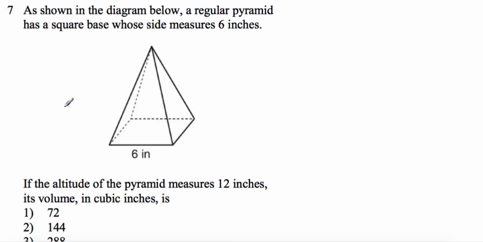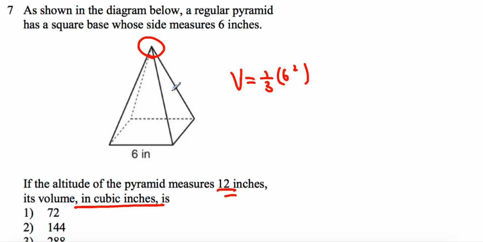Alright, so we have a regular pyramid whose base side measures 6 inches all around. If the altitude of the pyramid is 12 inches, find the volume. Notice that they're all in inches and cubic inches. The volume here is equal to 1/3, whenever you have the pointy top, times the base area, which is 6 squared, times the height.